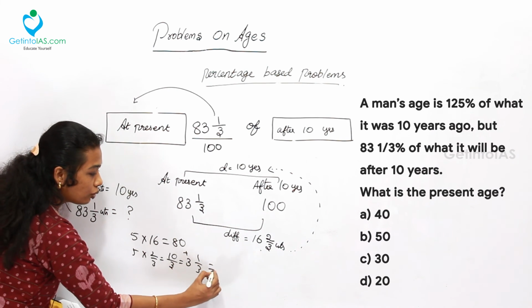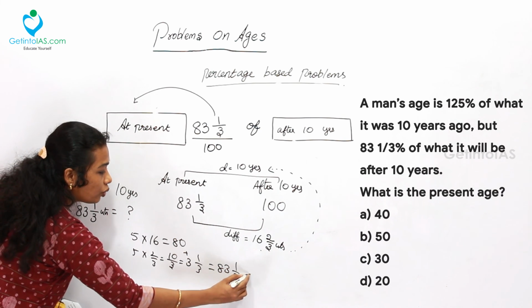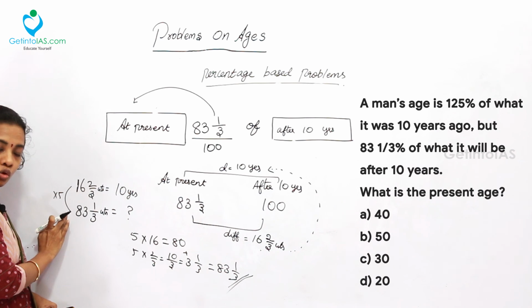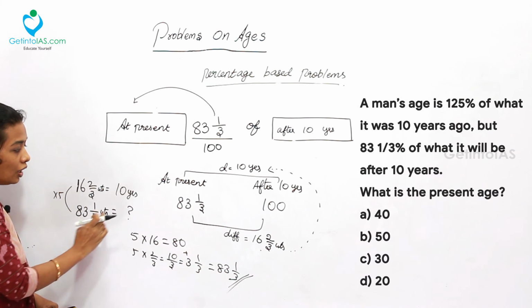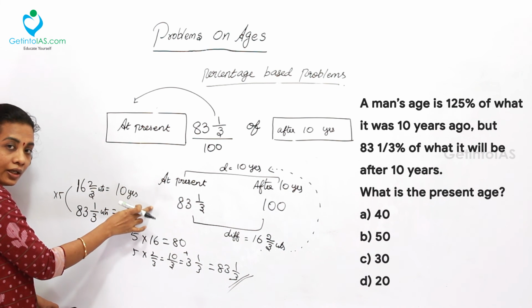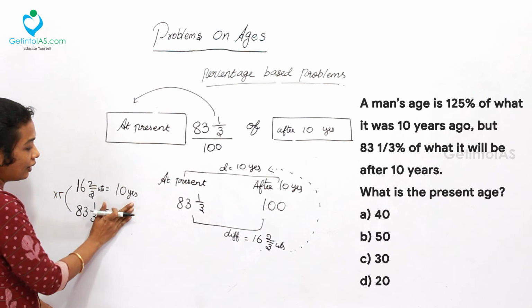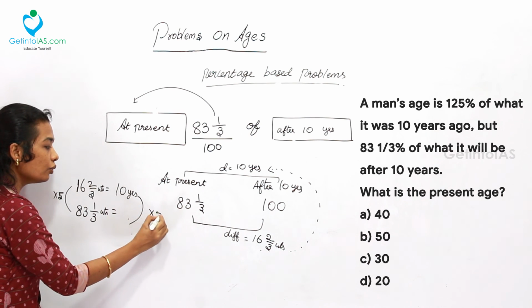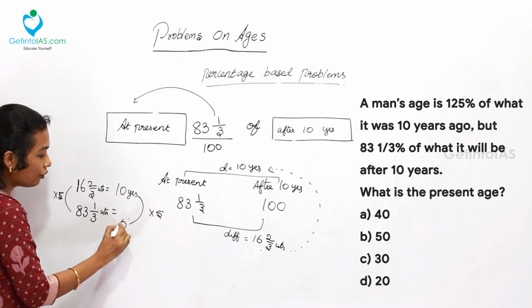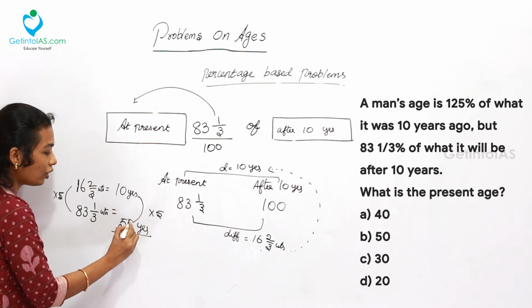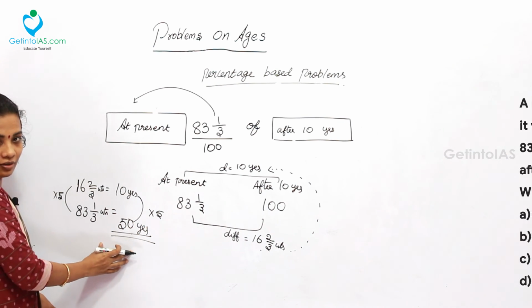Adding these two values together, 83 1/3. Simply 5 times 16 2/3 is 83 1/3. So what is 10 multiplied by? Here also into 5. 10 into 5, 50 years. Finally, my answer for this question is 50 years.